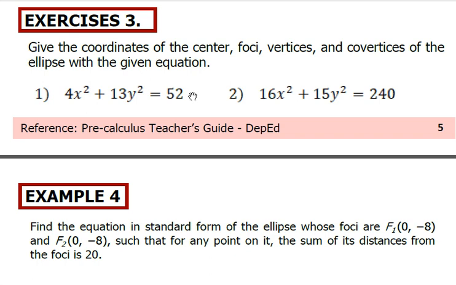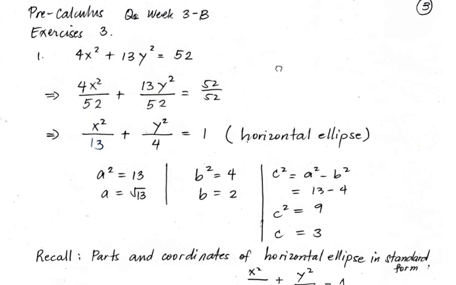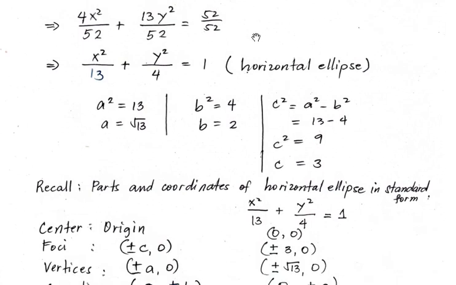So, we have to divide both sides of the equation by 52 in order for the right-hand side to be 1. Dividing both sides by 52 gives us the ellipse in standard form: x squared over 13 plus y squared over 4 equals 1.